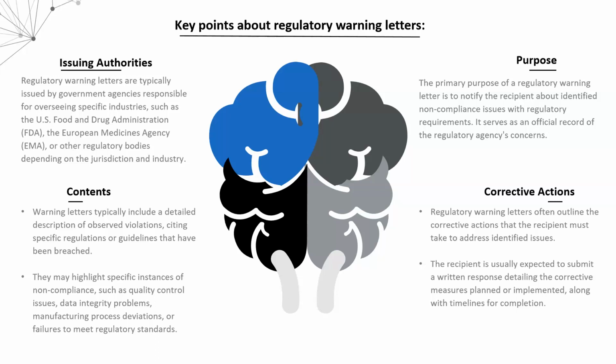A warning letter will typically include a detailed description of observed violations, citing specific regulations or guidelines that have been breached. So they'll give the point on which you are non-compliant, and they also give according to which rule or which regulation. That also will be given under this content.